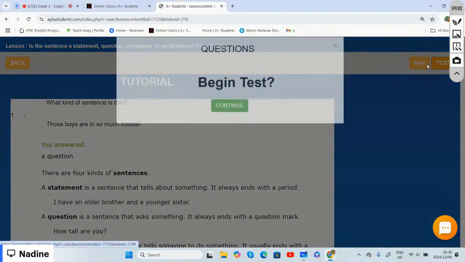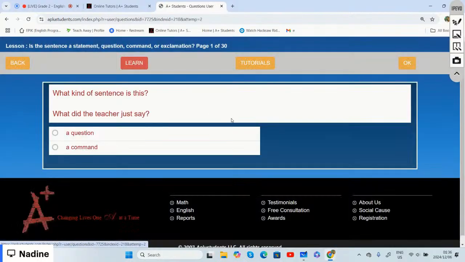So we need to say what kind of sentence this is. What did the teacher just say? Is that option one a question, or is that option two a command?